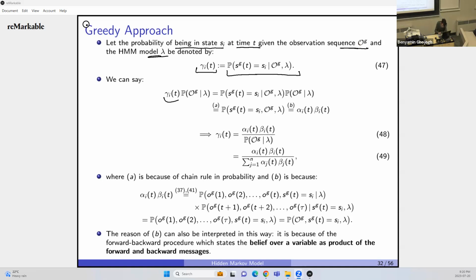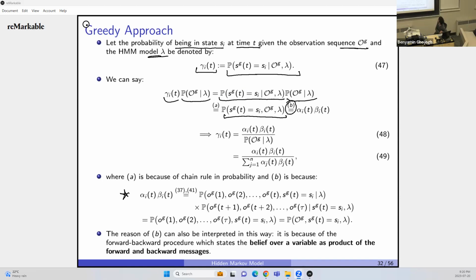And gamma i(t) times this probability. So I'm replacing gamma i(t) with its definition times this probability. What is this? According to the chain rule, I can write this as the probability of Si and O and lambda, right? The joint probability. Also, let's see. Its explanation is here.